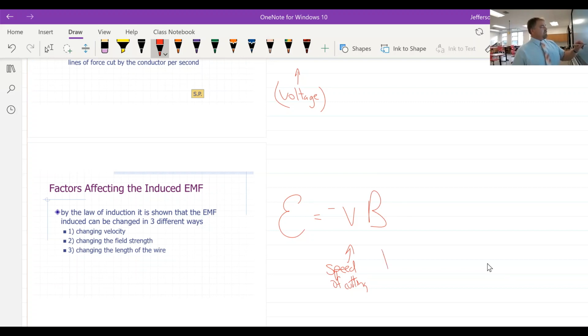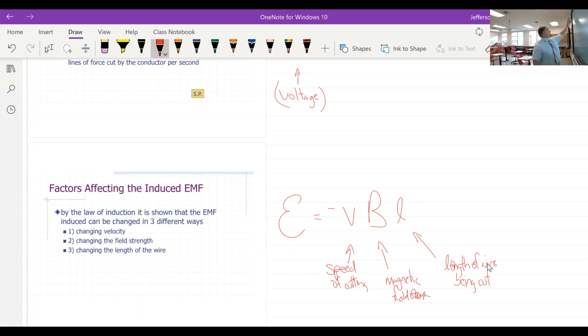B is the magnetic field strength. Can't write, but you get the idea. And then L is the length of the wire that's being cut, doing the cutting. Okay, so these are two different ways.